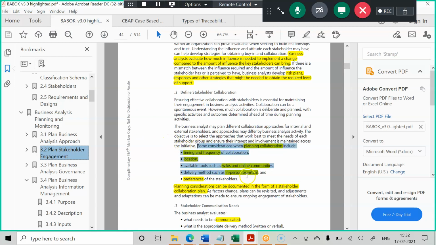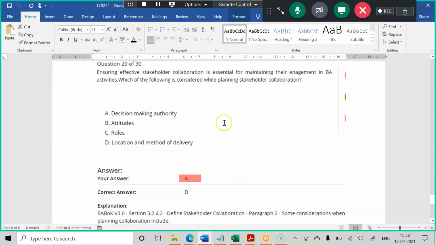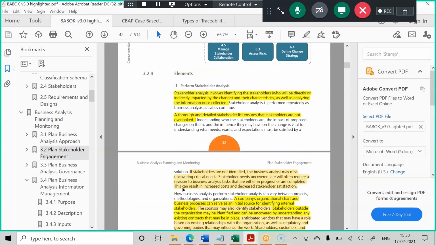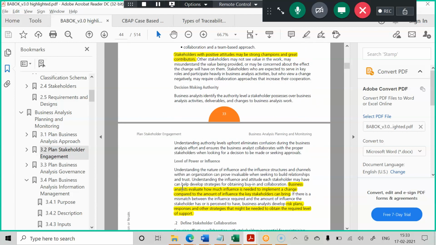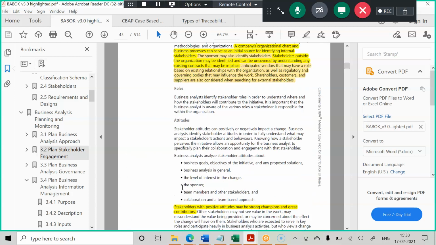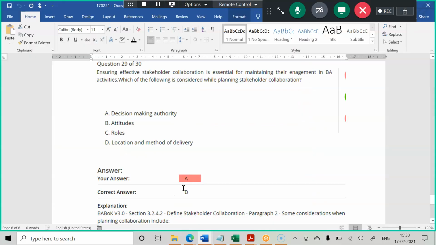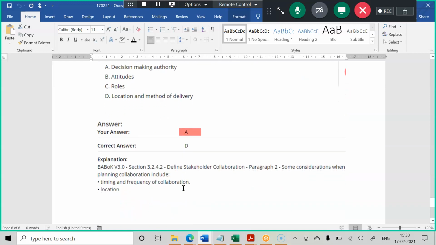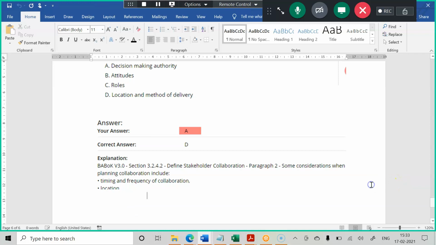I think in the explanation it's given. In fact, all the roles can be considered, but no. This is planning collaboration alone, so this is not planning for stakeholder engagement.